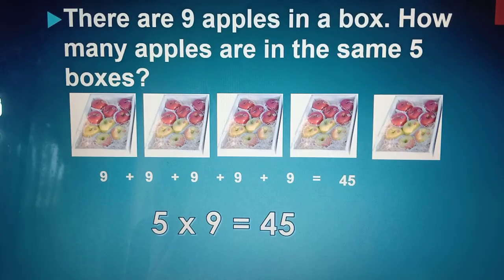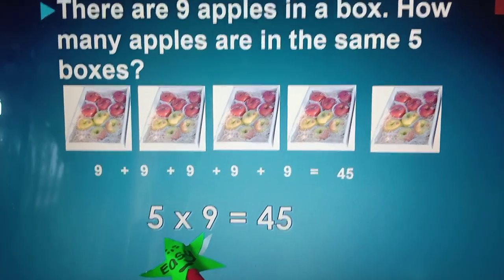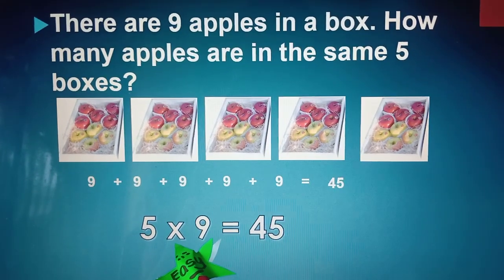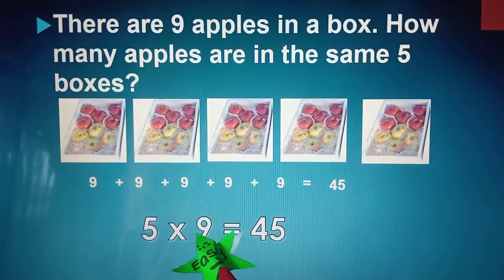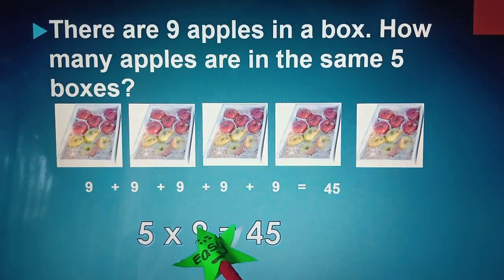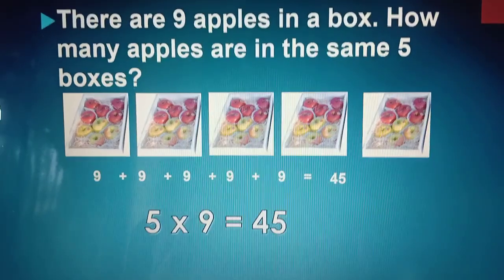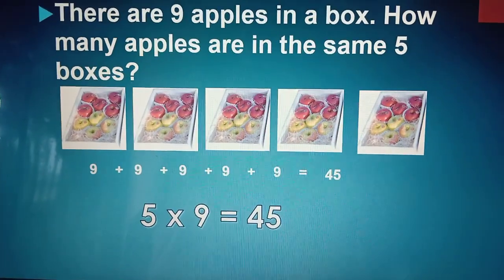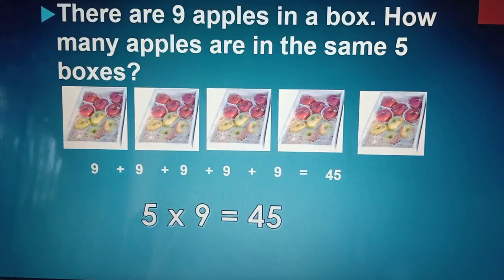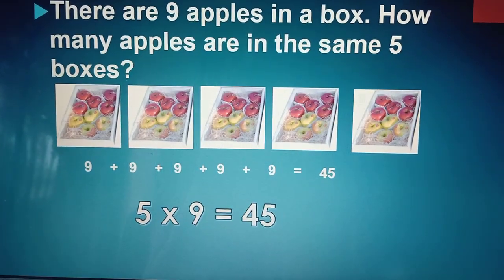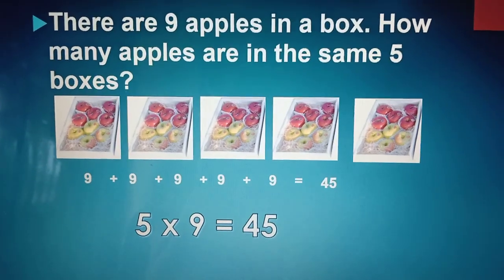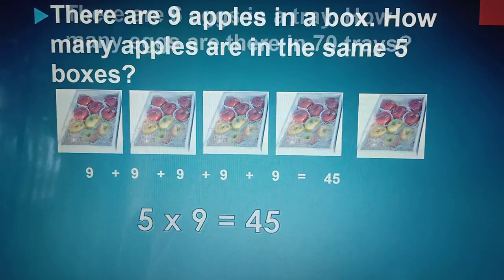See, 5 is our boxes times 9 apples in a box. Okay, this is a simple problem solving question for you, and we already saw this in year 2. Okay, we go for number 2.